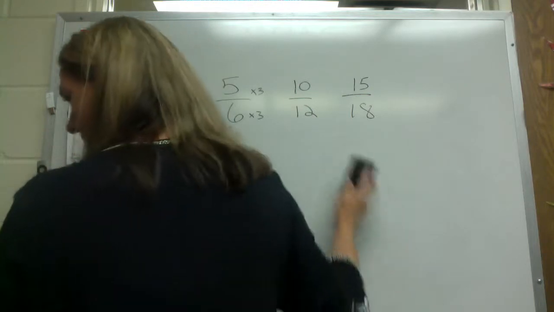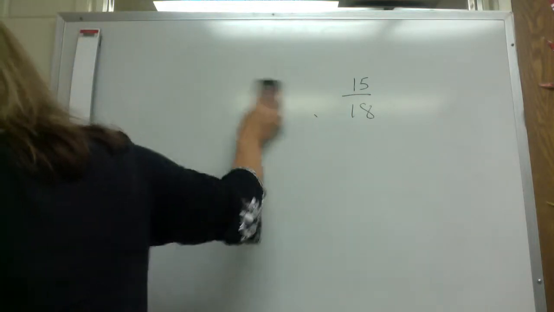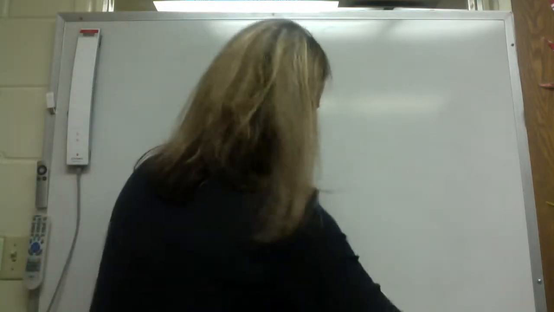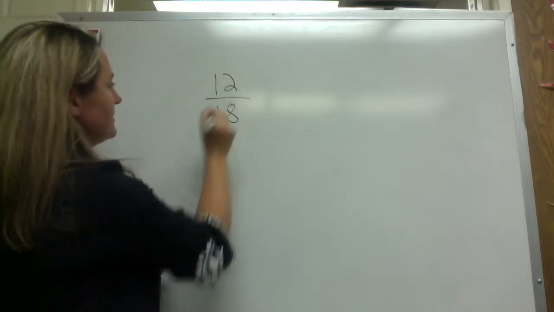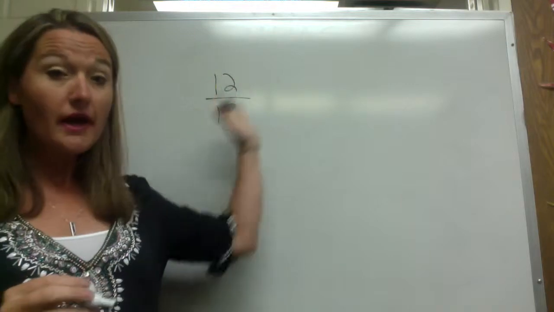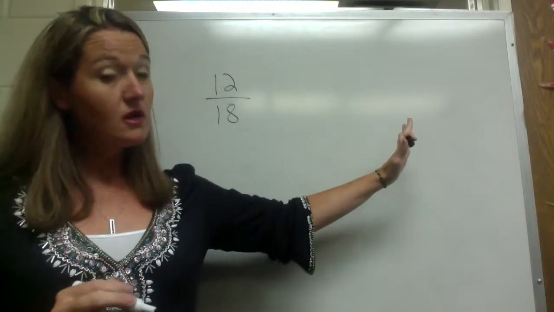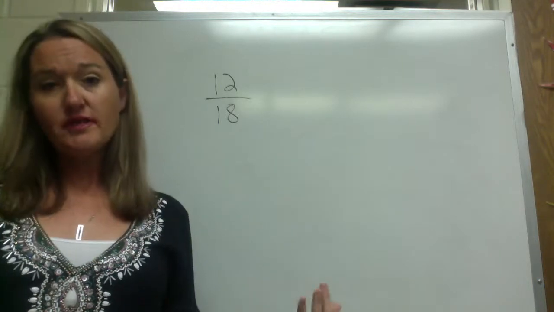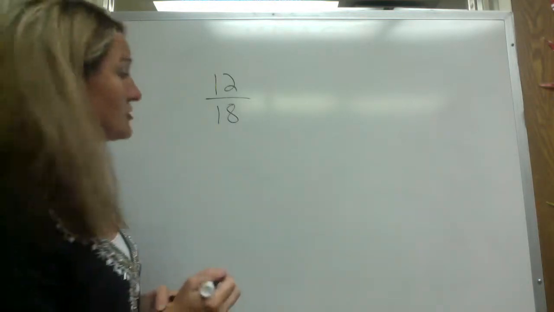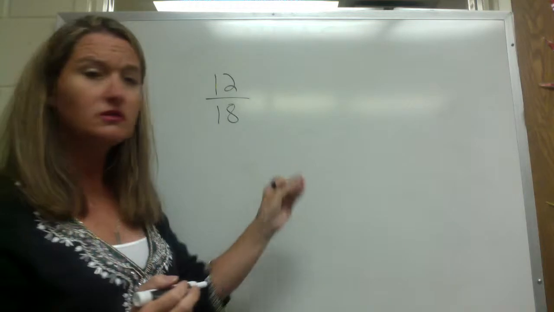What happens if I have something like 12/18? Yeah, I can use bigger numbers. I can multiply by 2, multiply by 3, but I could also use the same idea with division. So maybe my equivalent fractions are smaller.